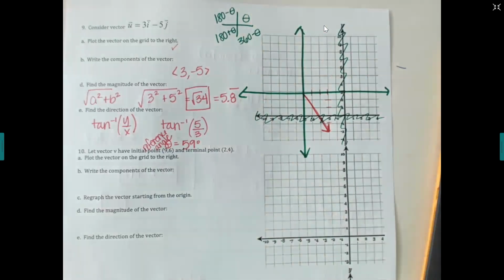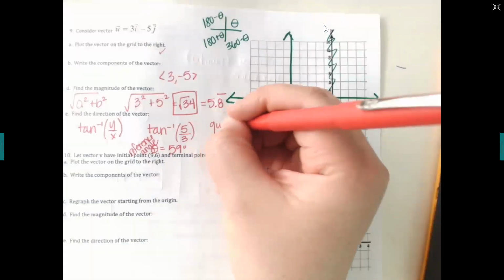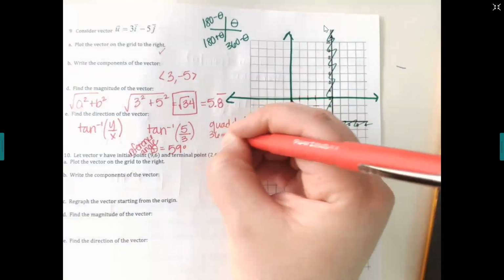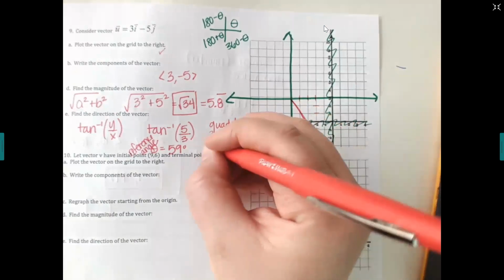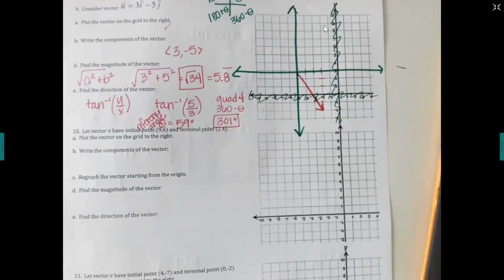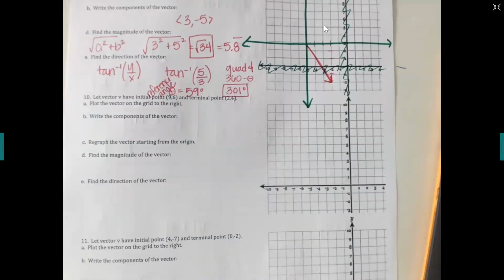So because we're in quadrant 4 here, we would do 360 minus 59, which comes out to what? 301. 301, very good. So remember, the first answer you get is the reference angle, but you're not finished until you do the final direction. Okay, 2 more, we're almost done.